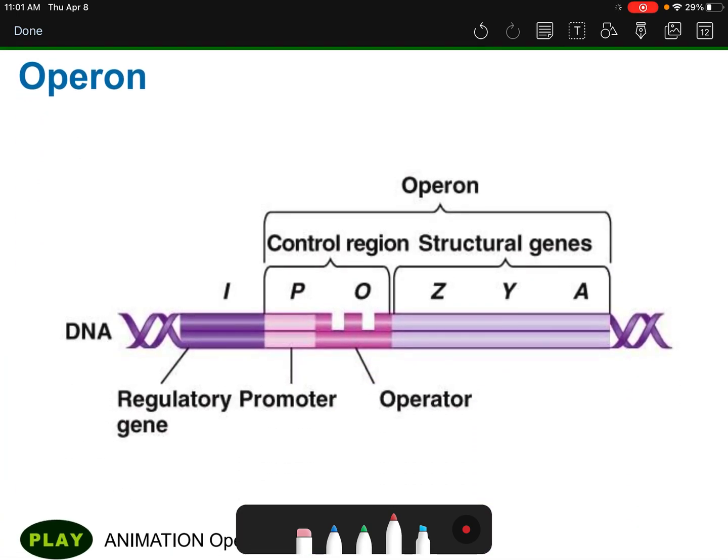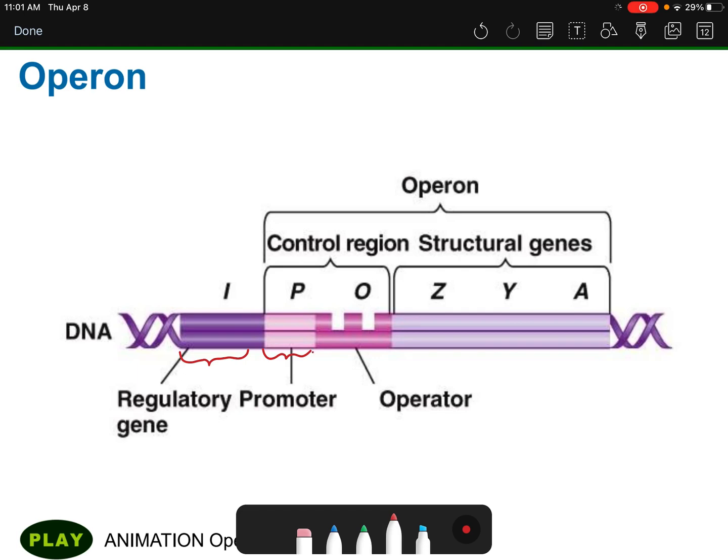So one of the things we look at in prokaryotic cells is what's called an operon. It's important to know the different parts of an operon. First of all, you have your regulatory gene right here. You have the promoter region, that's this area that signals where RNA polymerase can attach.